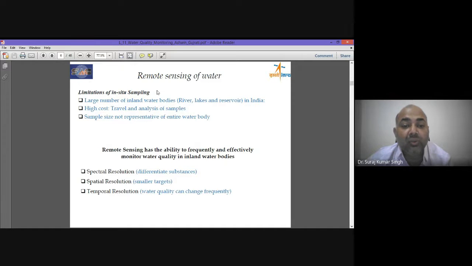So what limitations does remote sensing of water have? The limitation is that a large number of inland water bodies are available in India, which involves high cost of travel and analysis, and the sample size is not representative of the entire water body.